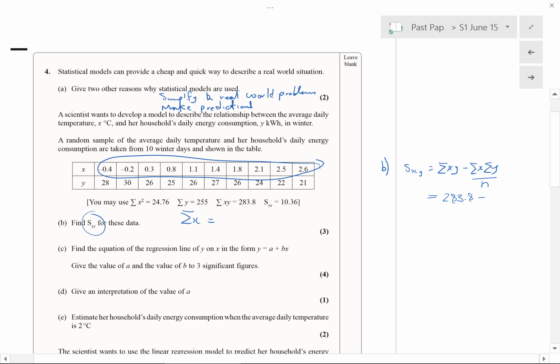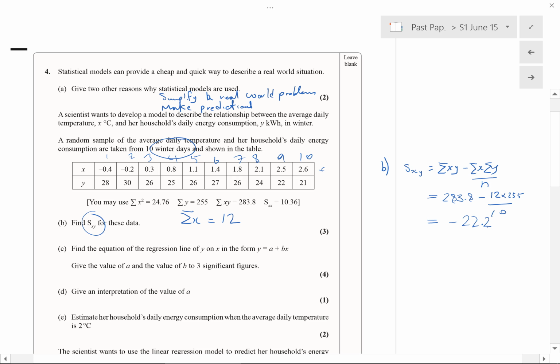If we add all of those together, we get sigma x is 12. So that's 12 times 255 all over the number of data values. We've got 1, 2, 3, 4, 5, 6, 7, 8, 9, 10. I did say 10 earlier, so perhaps should have seen that. Anyway, that equals minus 22.2.